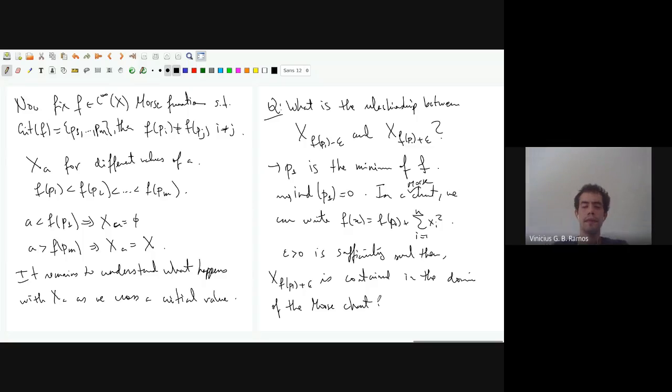Just because of continuity, because p1 is an isolated minimum. So if the value of the function is less than or equal to f of p1 plus epsilon, then you have to be contained in a neighborhood of this point.